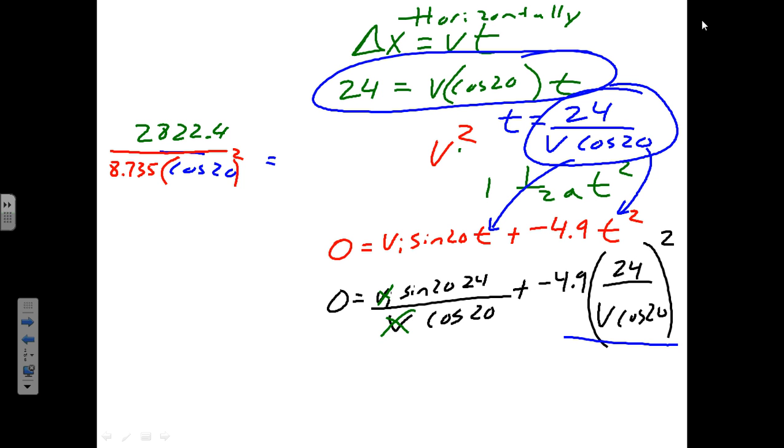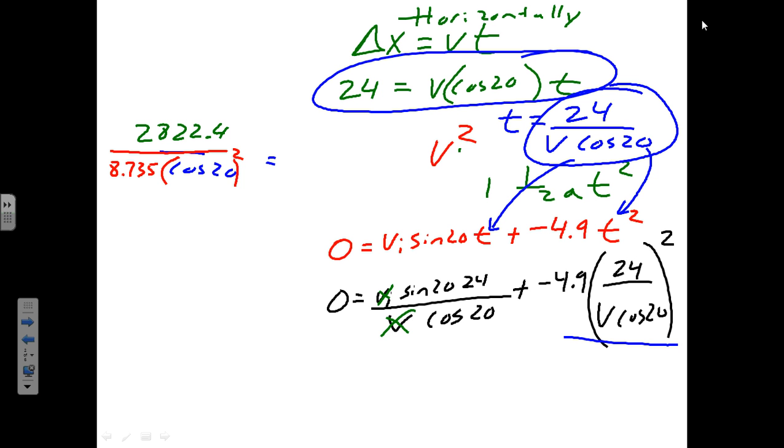So let's go 2822.4. I'm going to divide by 8.735. And then I've got to divide by the cosine of 20 squared. I'm just going to divide by the cosine of 20 two times to make that work. Right, when I do that, I get 365.9 something.